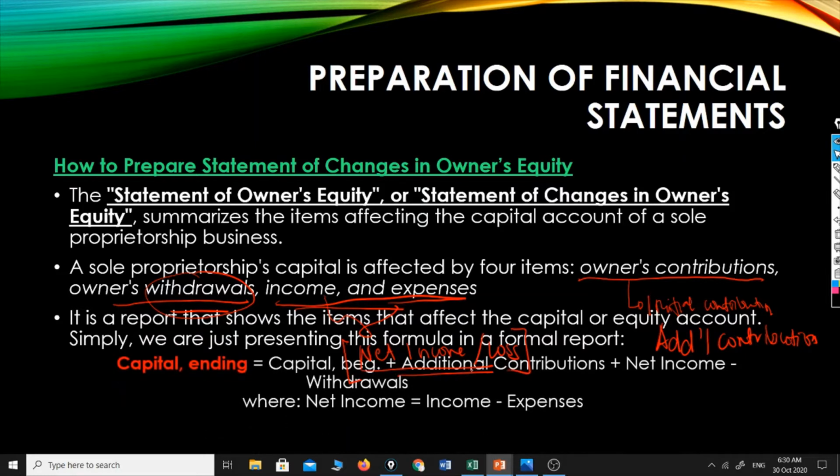So generally, the formula for this is capital beginning plus additional contribution plus net income or minus net loss, and then minus withdrawal. So, kaning net income dali, it could also be net loss, minus net loss. Because the company may gain income or incur loss. Okay?